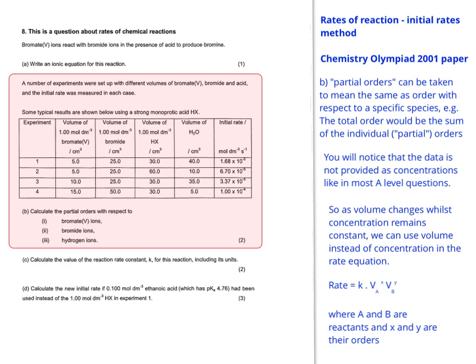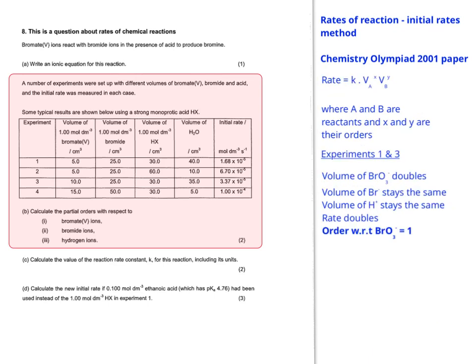So I've done a slightly different version of the rate equation, still using K, but VA is the volume of A, VB is the volume of B, X and Y are the respective partial orders. So applying this idea to experiments 1 and 3, the volume of bromate doubles from 5 to 10, the volume of bromide stays at 25, and the volume of acid stays at 30.